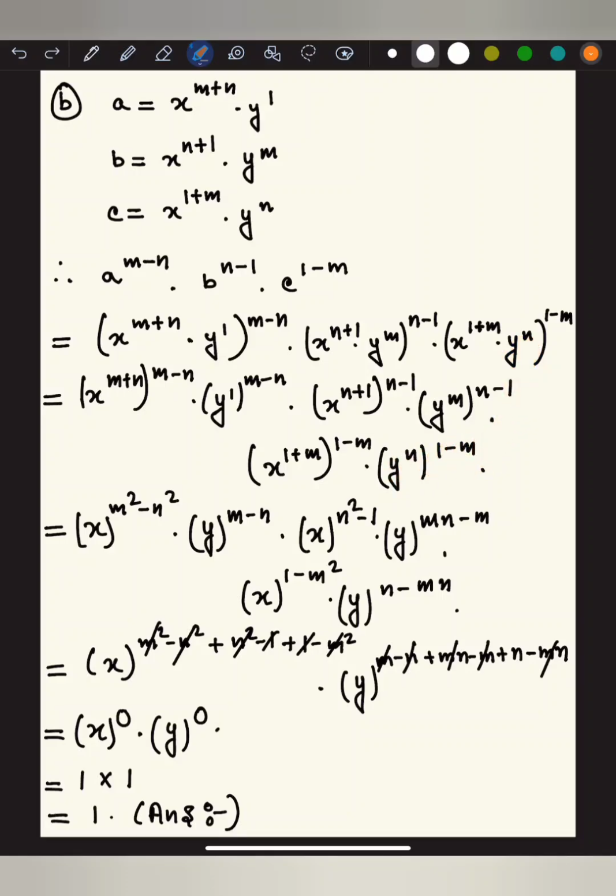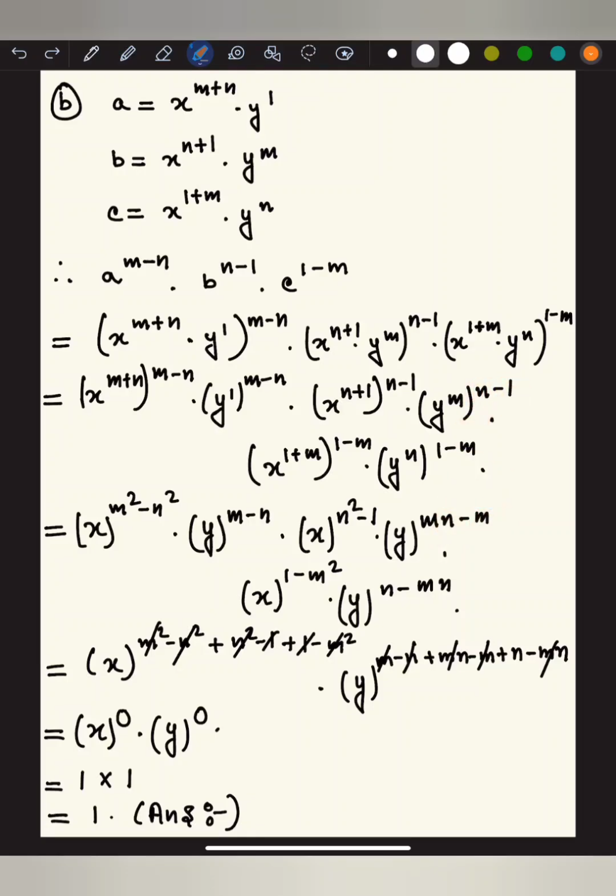Got it? Now if we open the brackets, this becomes x to the power (m plus 1) into (m minus n)... that equals x to the power m squared minus n squared into y to the power m minus n, right? Again, this becomes x to the power (n plus 1) into (n minus 1), that equals x to the power n squared minus 1 squared, that is what I have written, into y to the power mn minus m into 1, that is m.